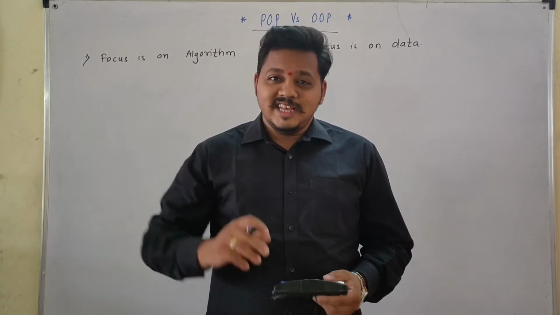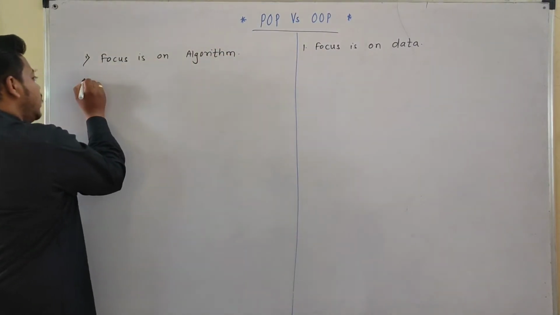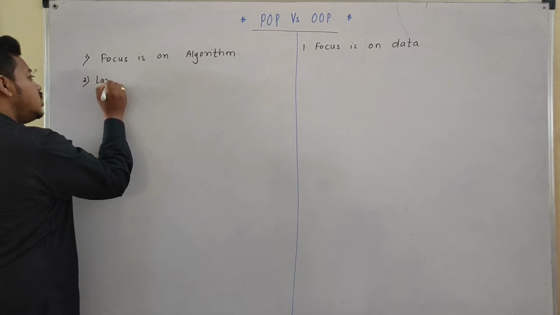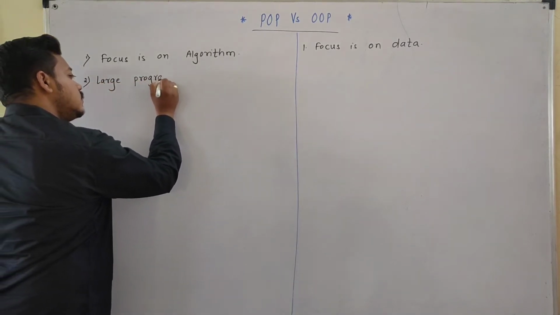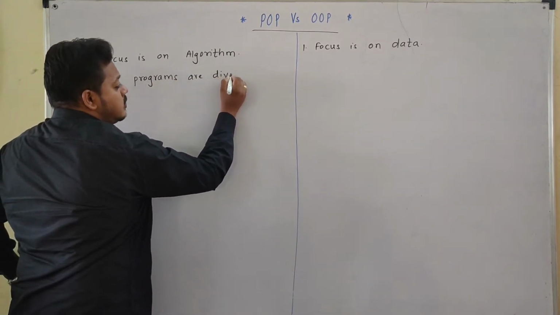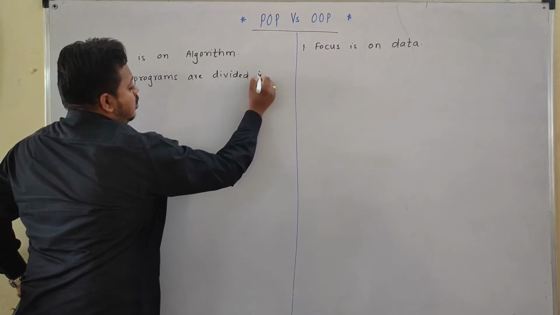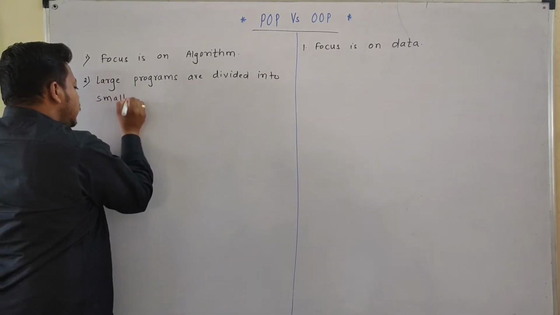Now students, the second difference is that in procedure oriented programming, large programs are divided into smaller functions.